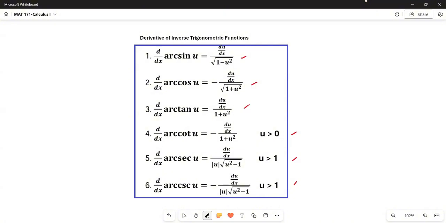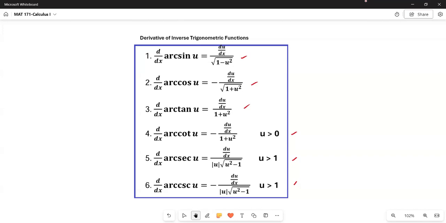And yung u pagdating sa arc cotangent, dapat daw ay greater than 0 or positive din. And lastly, for the derivative of arc cosecant u, ito ay equal sa negative du over dx over absolute value of u times square root of u squared minus 1. So as you can see, yung derivative ng arc secant saka arc cosecant is parehas lang din, but the difference is yung sign lang nila.